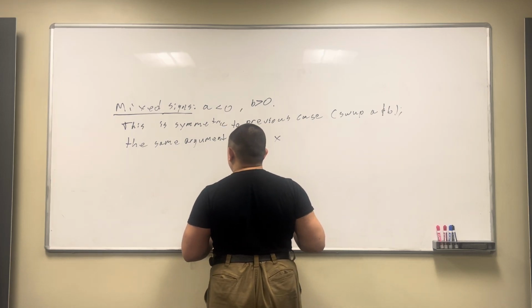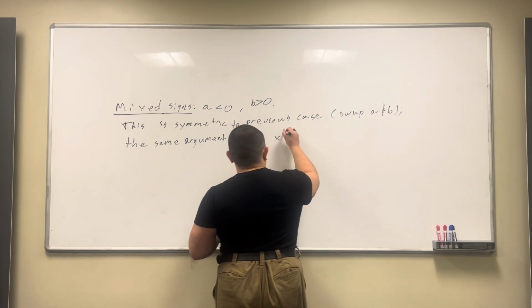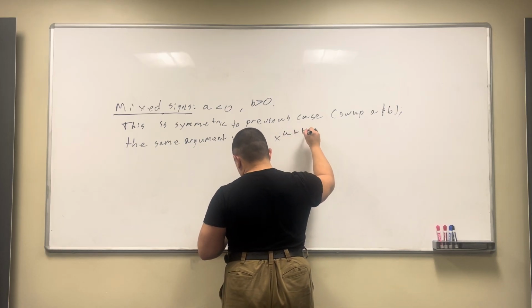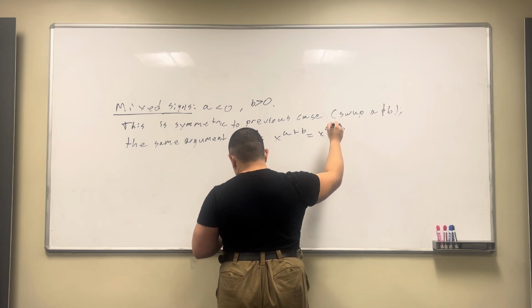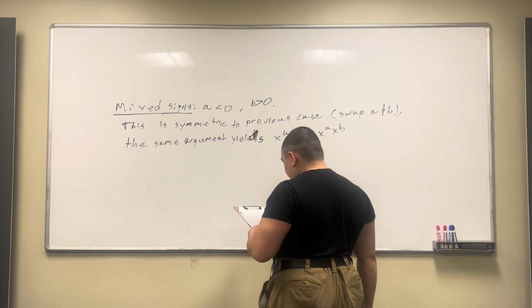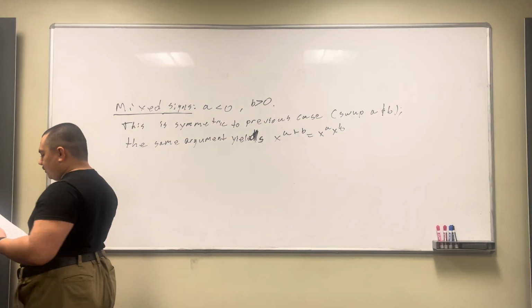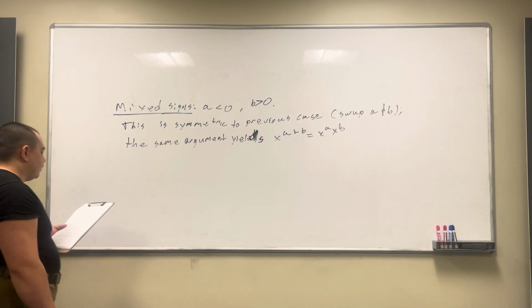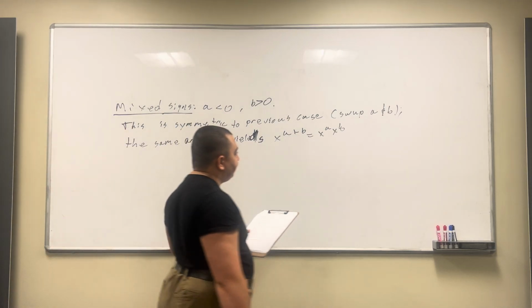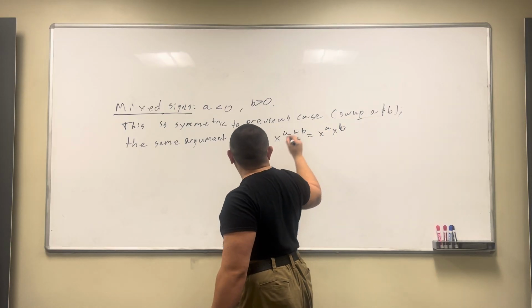So, yeah, the same argument yields that x^(a+b) is equal to x^a x^b, and we carry on the same form of argumentation as we did there. We just swap the things around, right? So if we just swap the things around, then we get back to where we want to be. Swap the things, what I mean is these specific things.